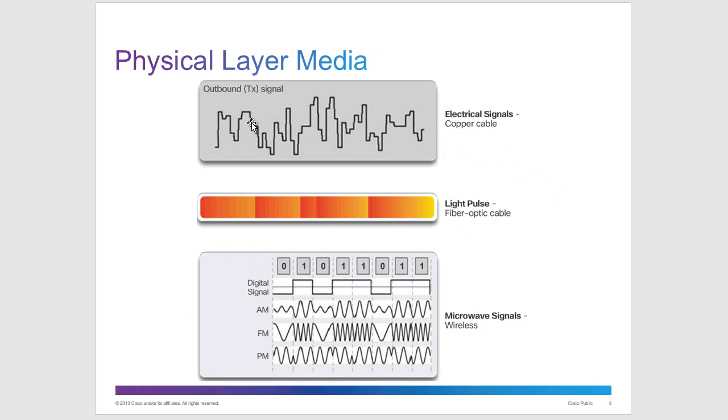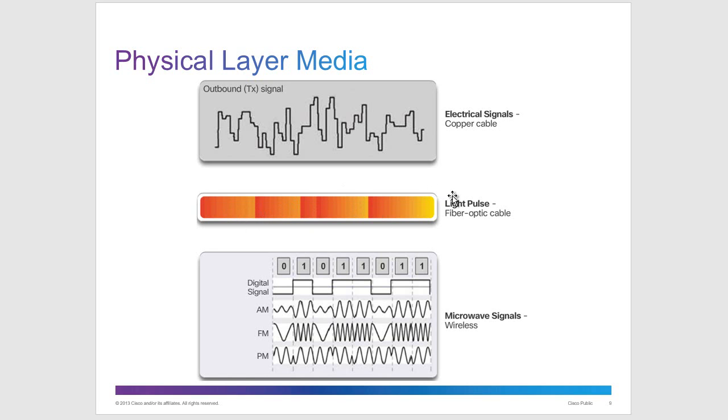The copper cabling sends electrical signals, and the pattern of your electrical pulse is going to indicate a 1 or a 0. So if you're up here with that electrical pulse, you've got a 1. Anything down below a certain threshold is going to be registered as a 0. So those electrical pulses are what generate 1s and 0s. For your fiber optic, you've got patterns of light. Your light being on is a 1, your light being off is a 0.